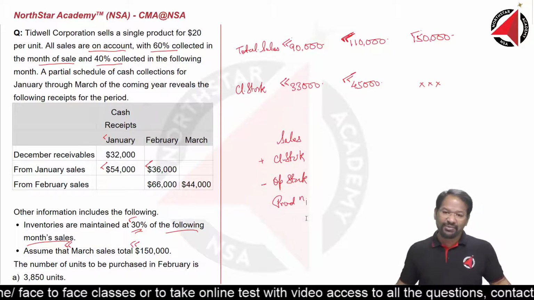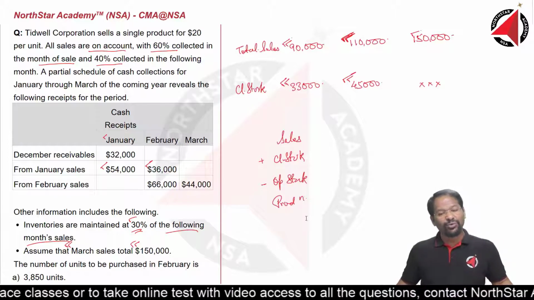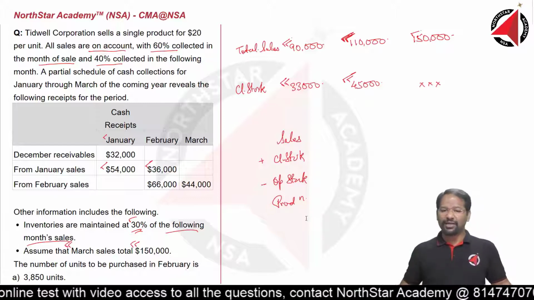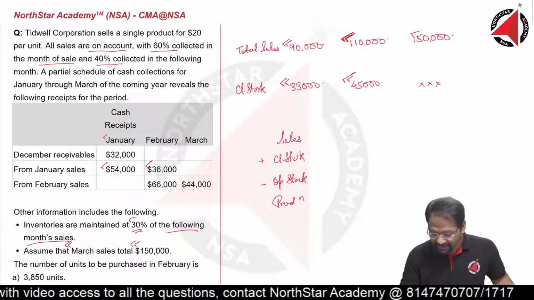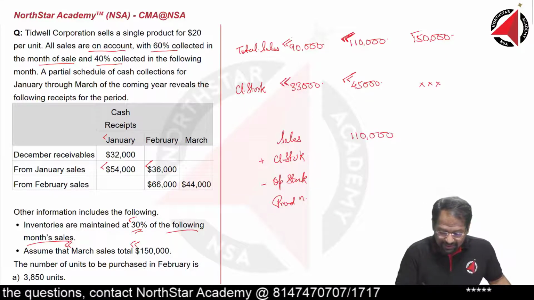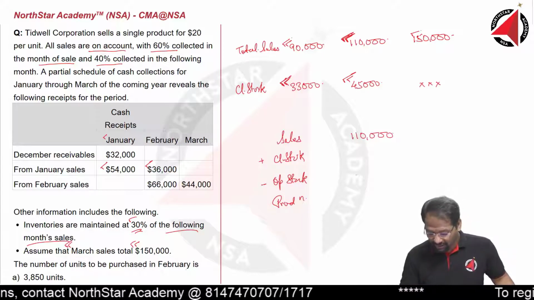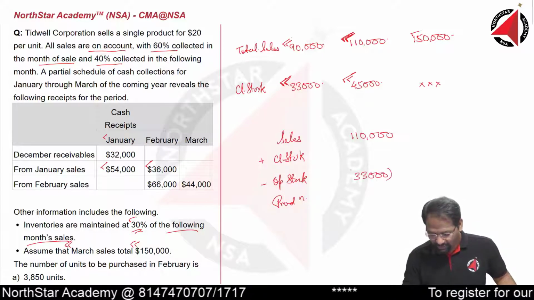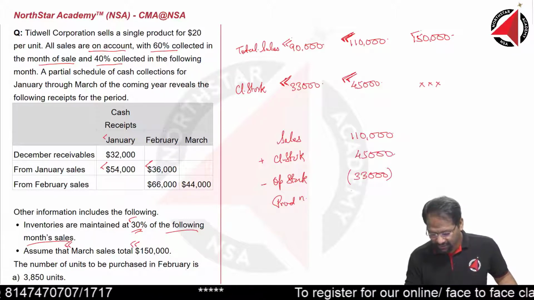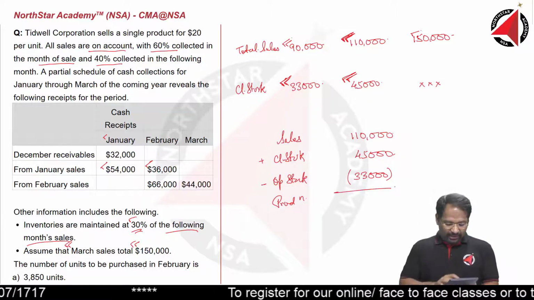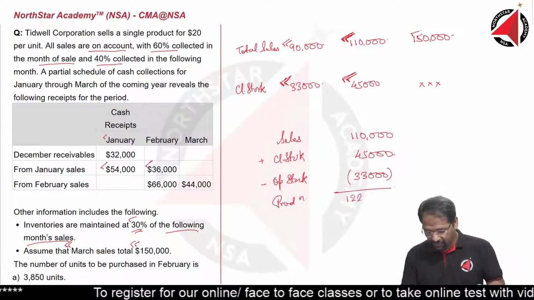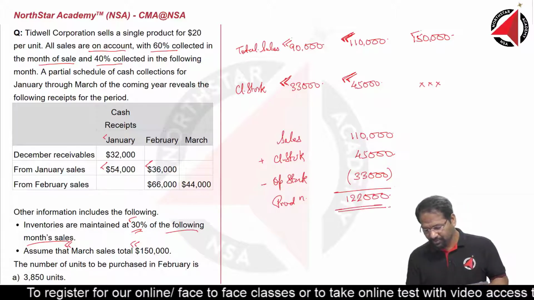Ultimately, we will divide the final answer by $20, or we can divide every number by $20. The shortcut is final number divided by $20. Sales are $110,000, opening stock is $33,000, and closing stock is $45,000. So $110,000 plus 45,000 minus 33,000 gives $122,000.